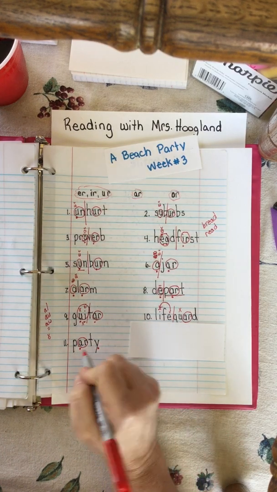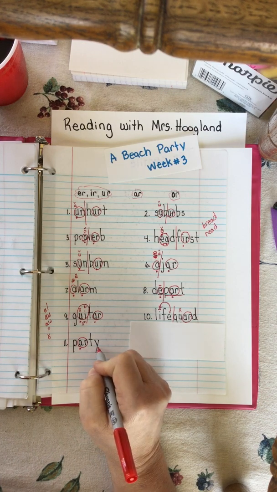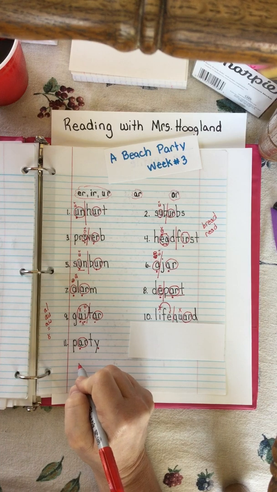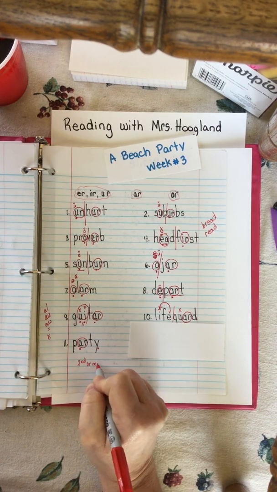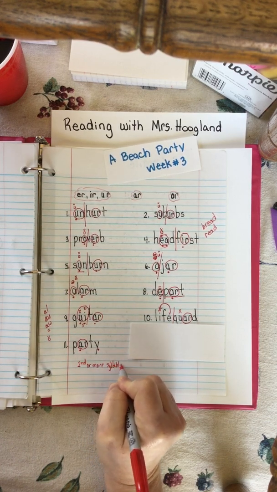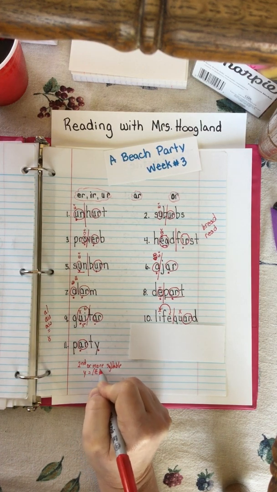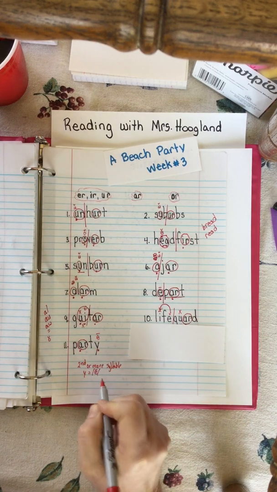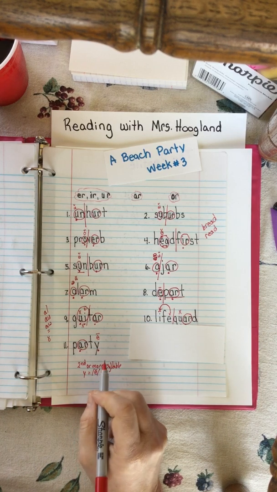Okay, and then this I know is going to be a two-syllable word because there's two vowels, and the rule for Y is if it's at the second or more syllable, that Y is going to make the long E sound. It's going to make the long E sound. And that's an always thing. I haven't run across anything that this does not work for, okay?